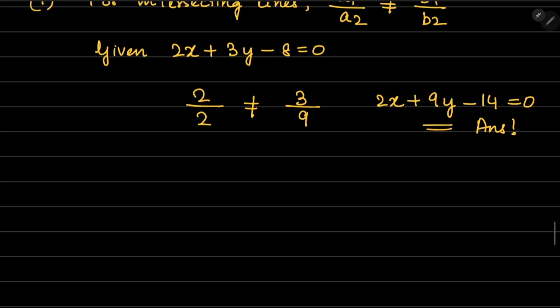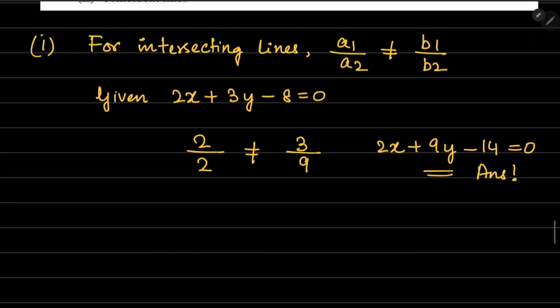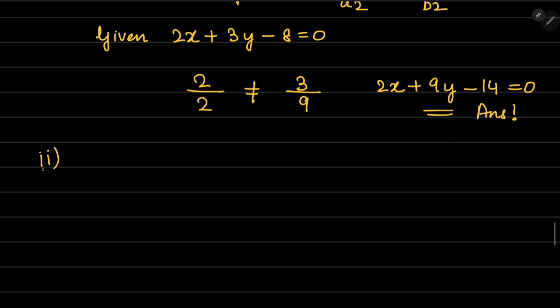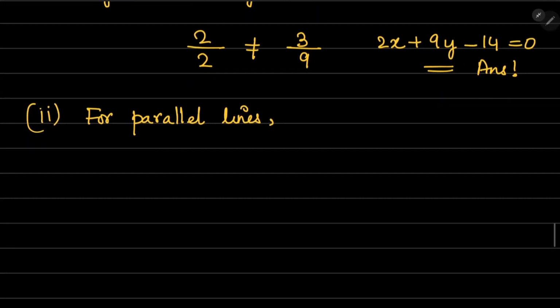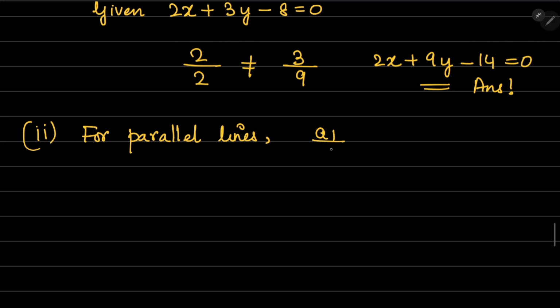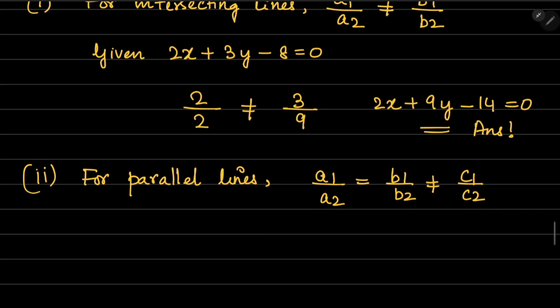Now, let's move on to the second one, which is for parallel lines. What is the condition for parallel lines? a1 by a2 can be equal to b1 by b2, but it cannot be equal to c1 by c2.